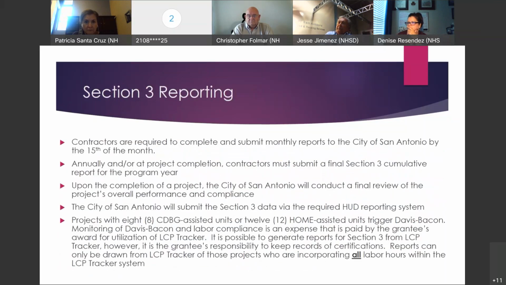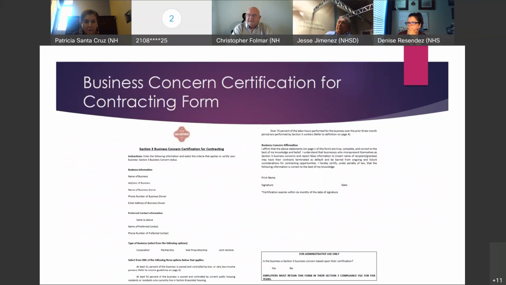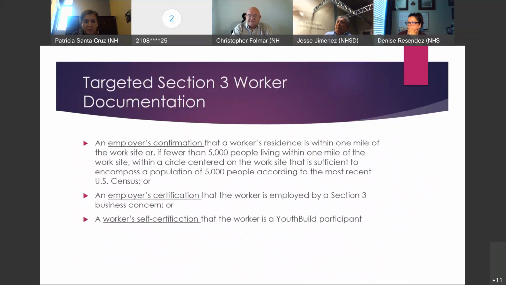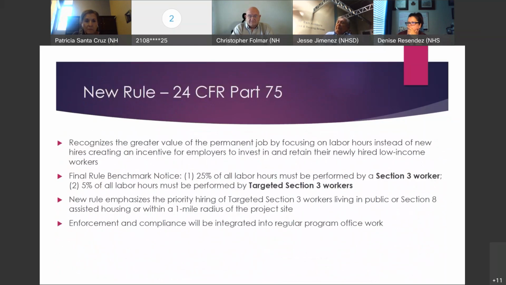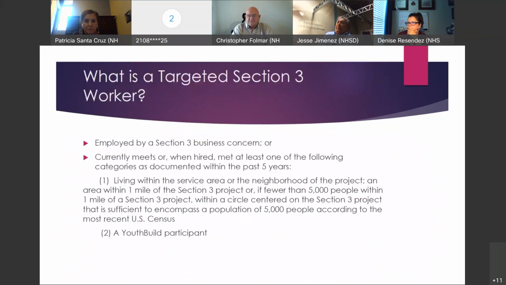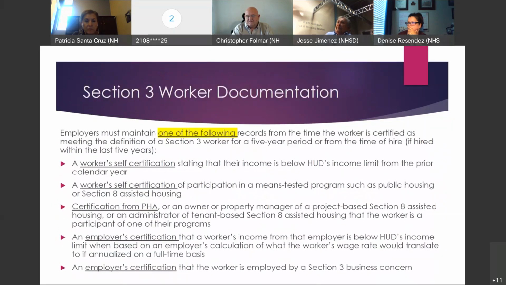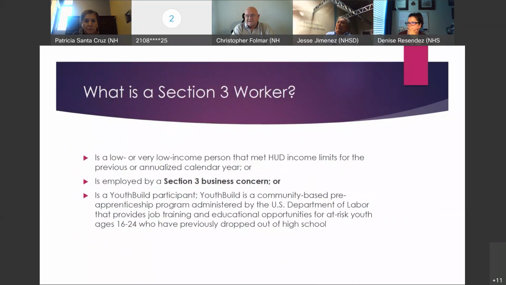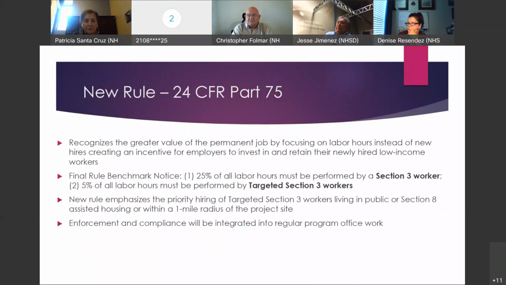Isn't that correct? Yeah, it is tied to the project itself. So if, for instance, you had other workers on other jobs or working back at headquarters that are qualified Section 3, their hours would not qualify towards the project that we're monitoring.